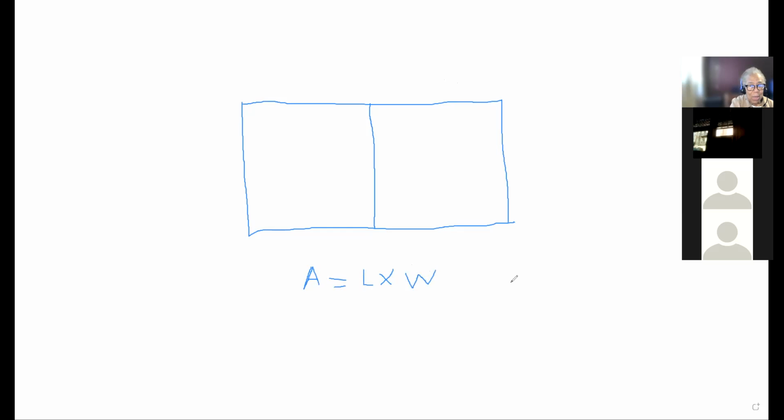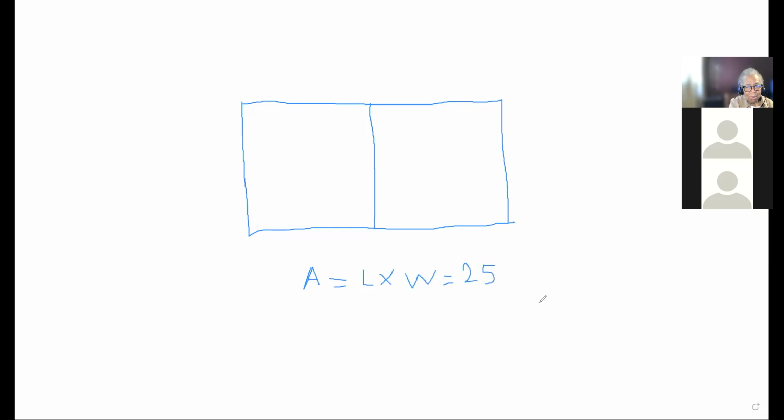And for a square, all sides are equal. If this is equal to 25, right? What's the length of the side of the square? 12 and a half. No, we're not talking perimeter. We're talking length times the width.